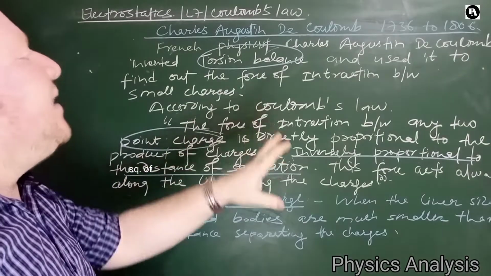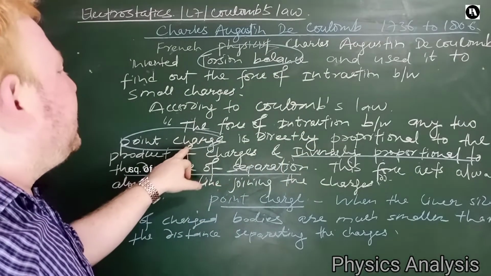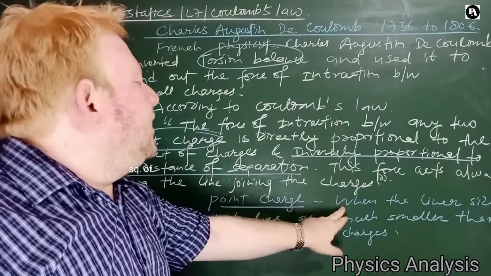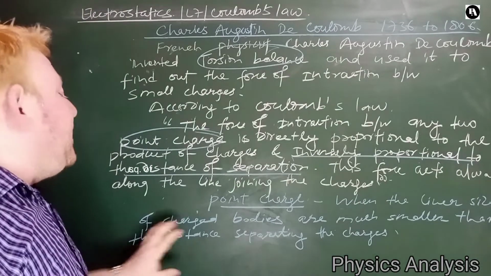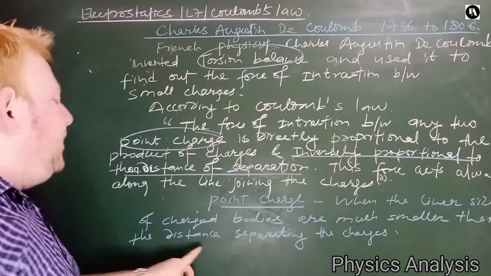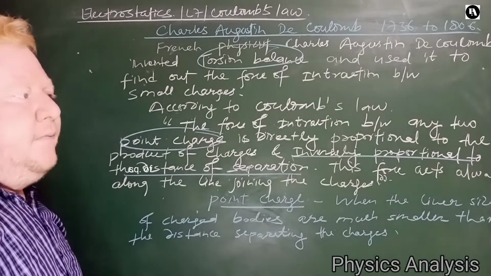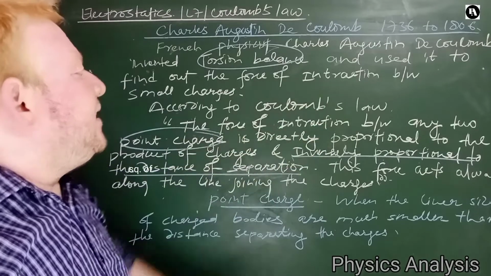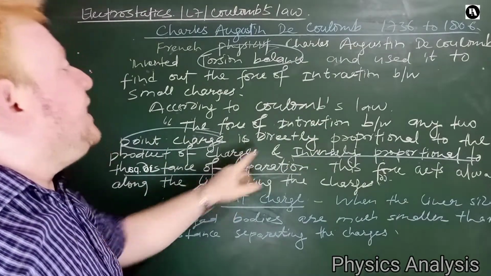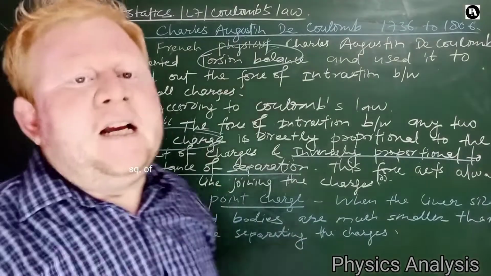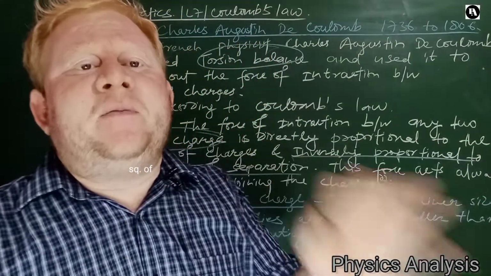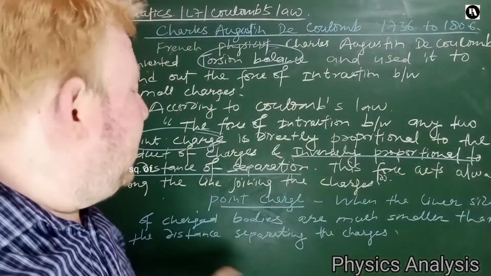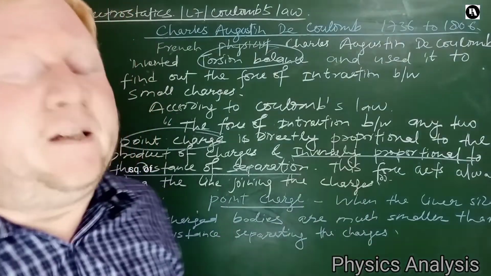The force of interaction between any two point charges, when the linear size of the charged bodies is much smaller compared to the distance separating them so we can consider them point charges, is directly proportional to the product of their charges and inversely proportional to the square of the distance of separation. Always remember, this force always acts along the line joining the charges.